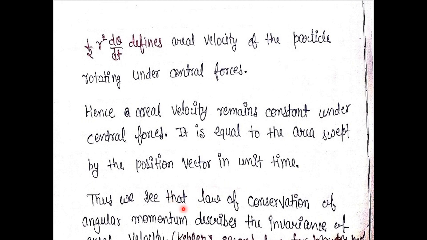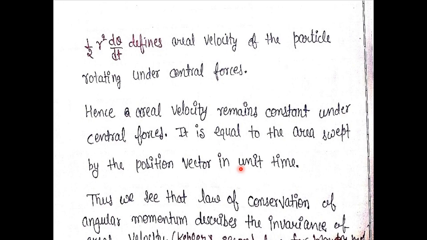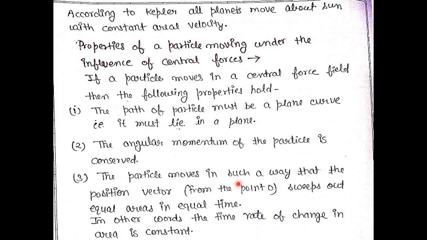So we can say the law of conservation of angular momentum describes the invariance of areal velocity. This is also called Kepler's law. According to Kepler, all planets move about the sun with constant areal velocity. From this we can see what Kepler has said.